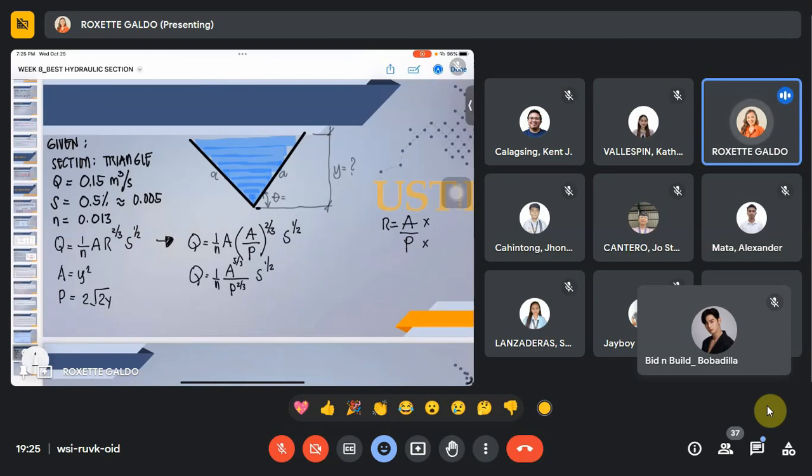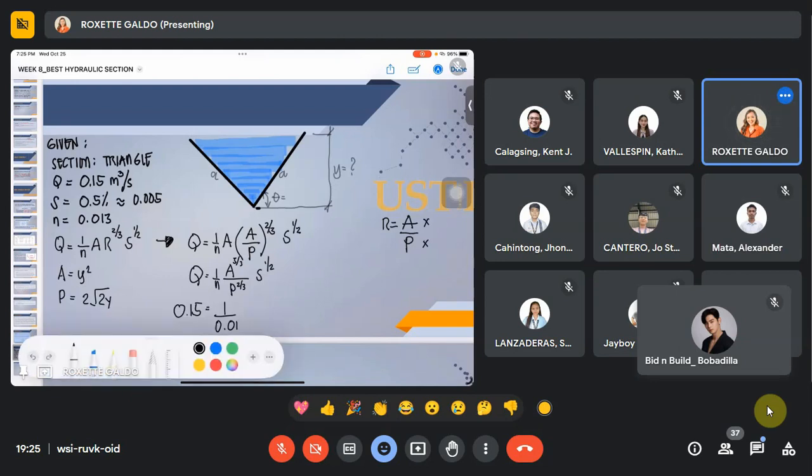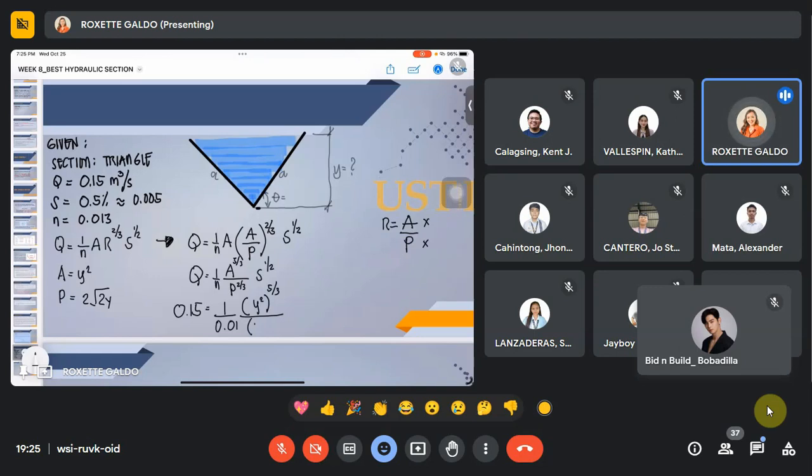Now, let us substitute the given values. Q is equal to 0.15, equals 1 over 0.013 times the area, which is y squared, raised to the power of 5/3, over P, which is 2 square root of 2 y, raised to the power of 2/3, times S, which is 0.005 raised to the power of 1/2.